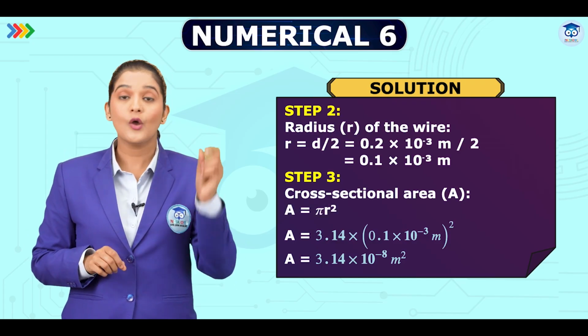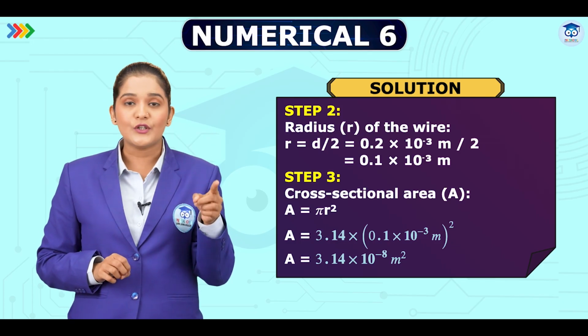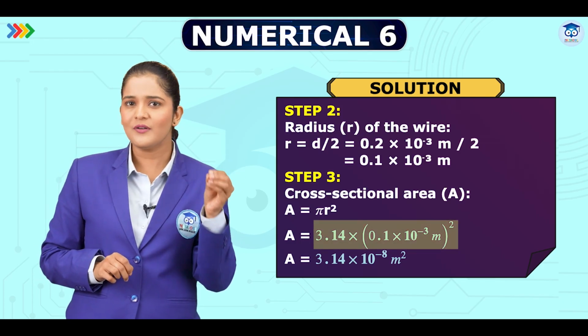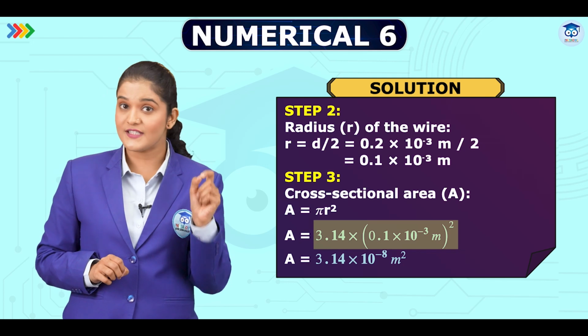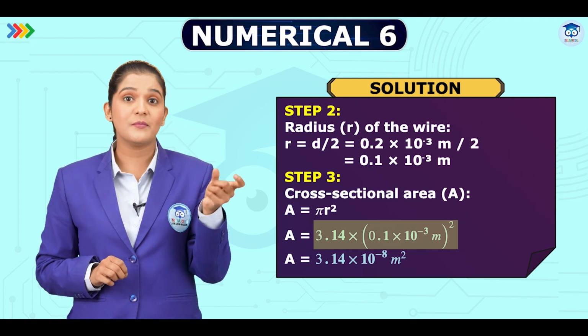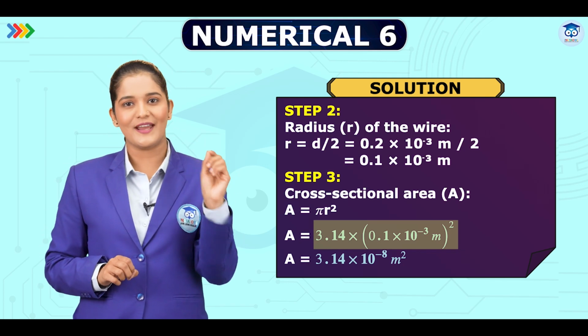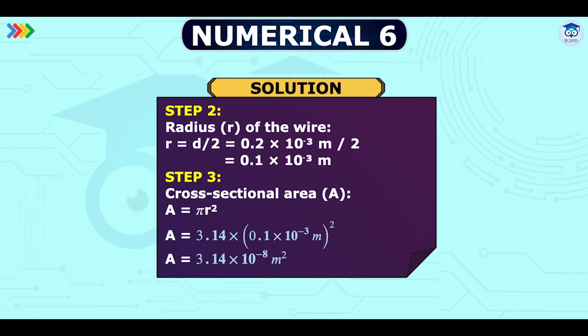Substituting the values, we have A equal to 3.14 multiplied by the square of 0.1 multiplied by 10 to the power of -3. This results in an area of 3.14 multiplied by 10 to the power of minus 8 square meters.